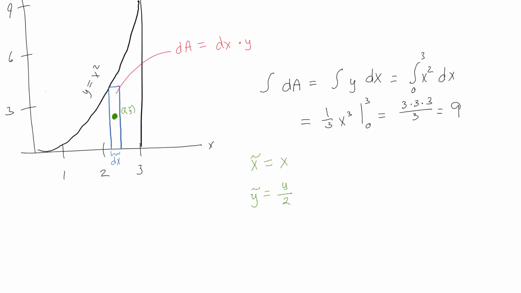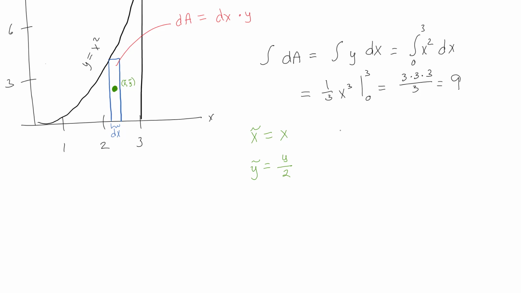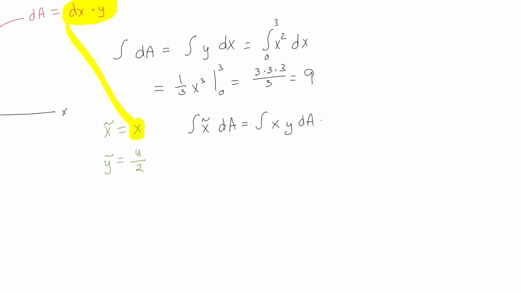So again, what we want to do is say, all right, we've got x tilde dA. I was kind of working ahead, because x is x tilde and dA is this. So I have x y dA. And again, I know that y is x squared.